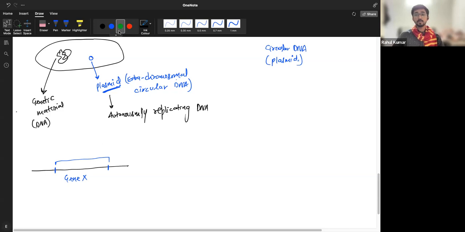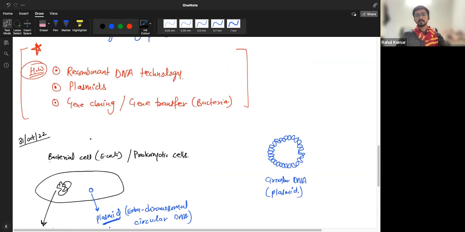Now this gene is present in the human genome. I want to take it out because I want to study this gene, know its effect, what protein it codes for, etc. So I want to make multiple copies of this gene. This is called gene cloning. I ask you to go back and read about gene cloning, right?